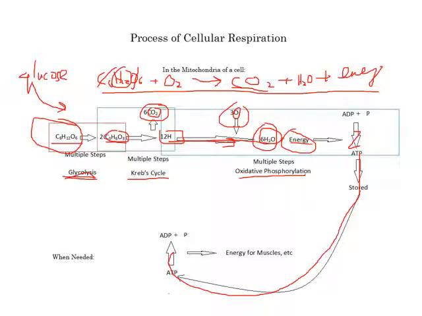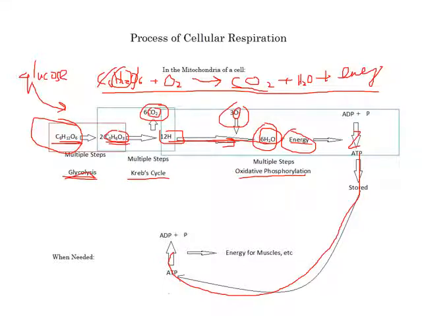Okay. So one of the cool things about this is that when you breathe in oxygen and breathe out carbon dioxide, you may think that the oxygen you're breathing is being released, coming back out as carbon dioxide, but it's not. The oxygen in the carbon dioxide you breathe out is actually coming from the glucose that you eat.